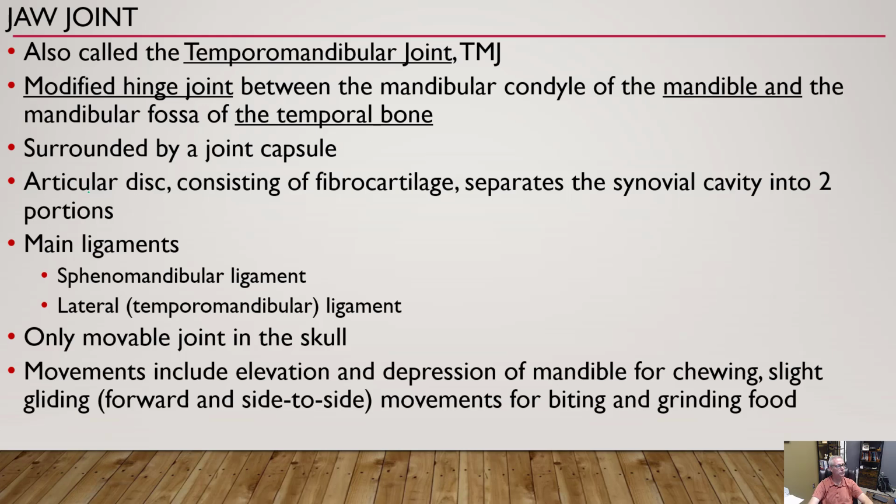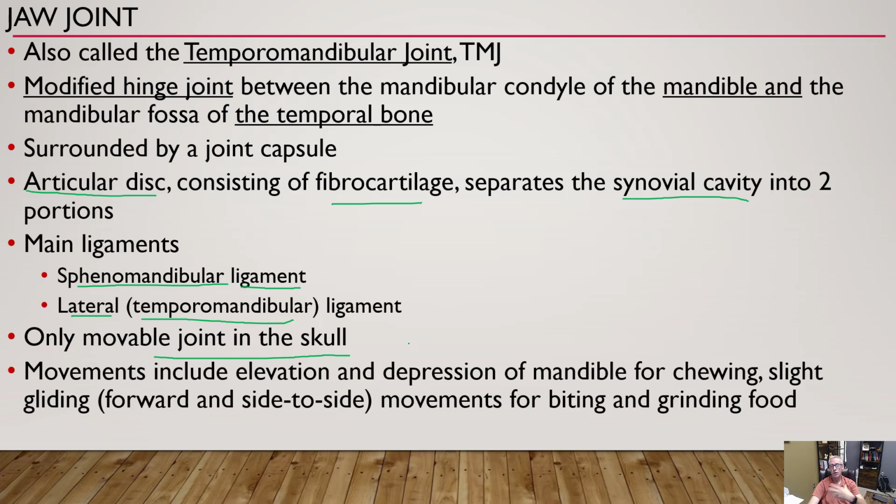It has an articular disc made up of fibrocartilage, and it separates the synovial cavity into two portions. There are two ligaments involved: the sphenomandibular ligament and a lateral ligament called the temporomandibular ligament. But basically, this is the only movable joint in the skull.